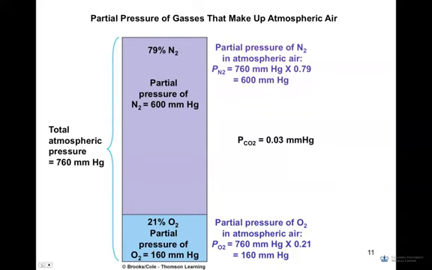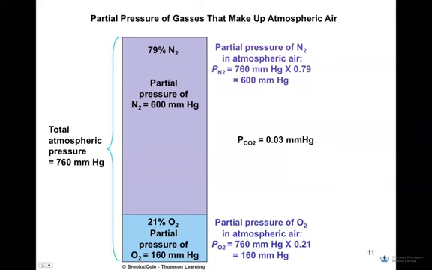Okay. And so the partial pressure of nitrogen is sometimes written as a capital P with a subscript of the particular gas. So for the partial pressure of nitrogen, it would be P sub N2. Okay? And that, as I said, equals 600 millimeters of mercury.